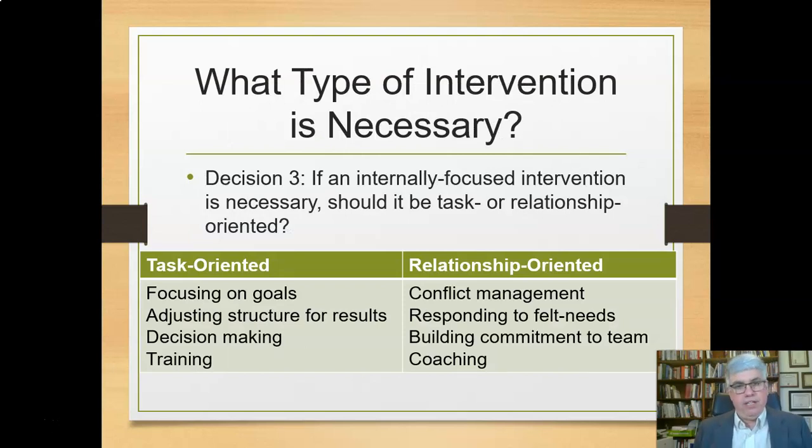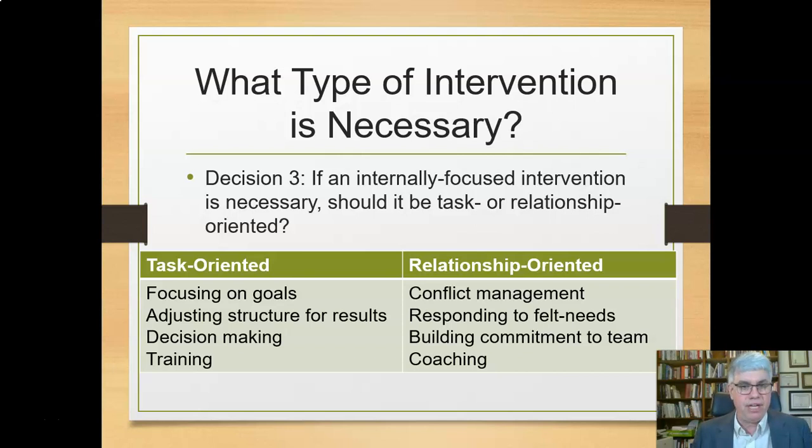Let's go back to this question, what type of intervention is necessary? Sometimes, if an internally focused intervention is necessary, we've got decision 3: should it be task or relationship oriented? We can provide task-focused leadership to our team, or we can provide relationship-oriented interventions to our team.